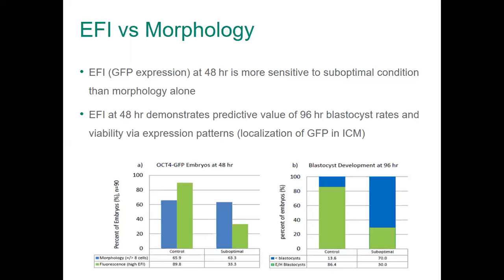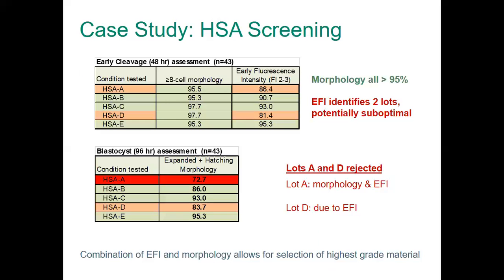So as you see at 48 hours in the suboptimal group, judging from morphology it shows okay, but judging by high EFI, it shows a result similar to 96 hours. This demonstrates that it has predictive value for the 96-hour blastocyst rate and viability.